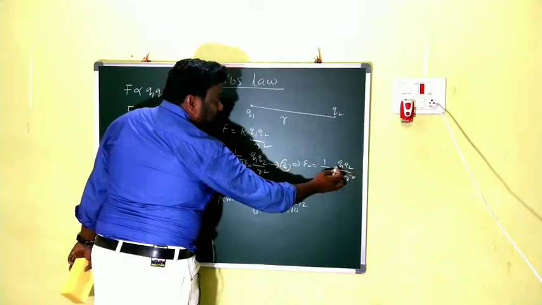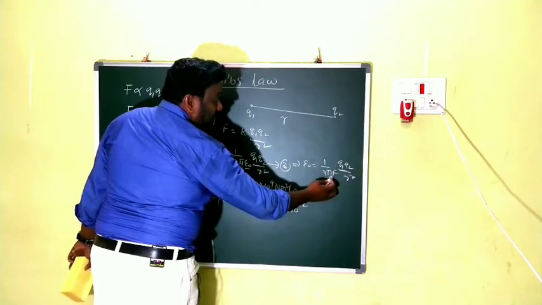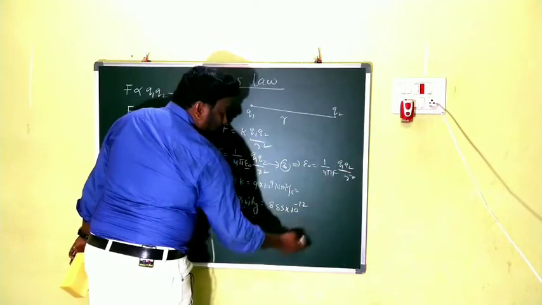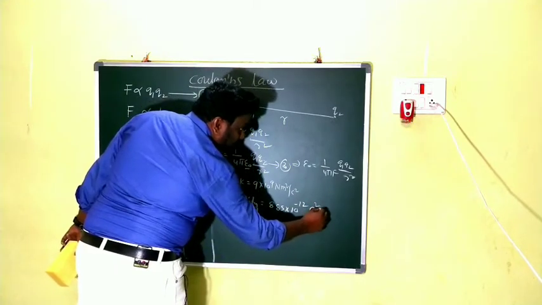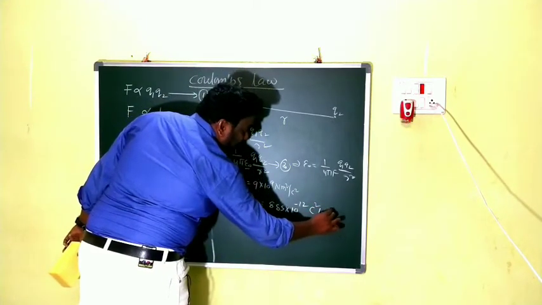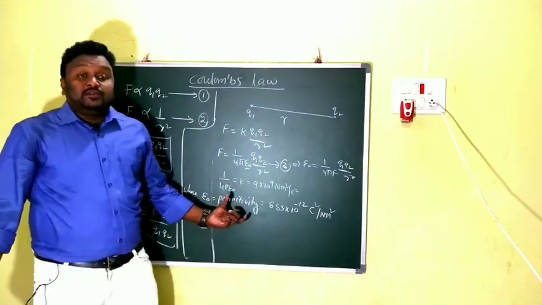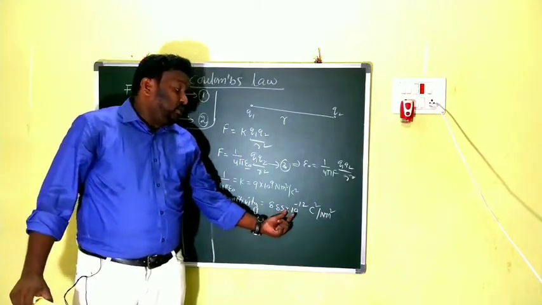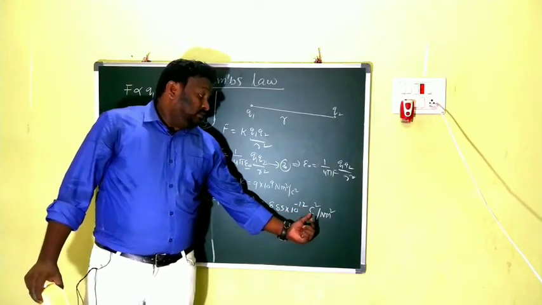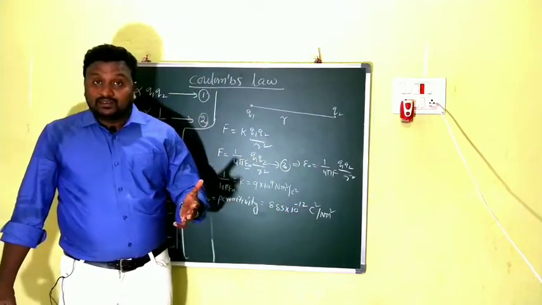Q2 also charge, coulomb into coulomb, coulomb square. And F is force, Newton. So we write coulomb square per Newton meter square. So this is the value for permittivity in free space, 8.85 into 10 power of minus 12 coulomb square per Newton meter square. Clear, children?